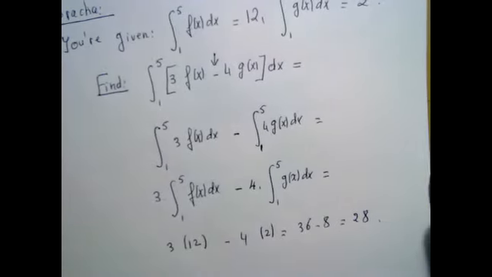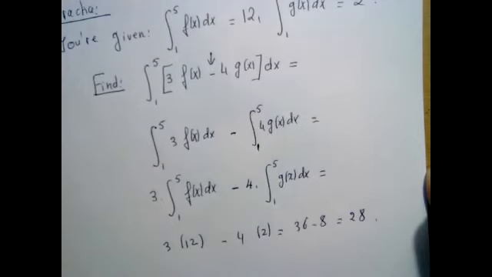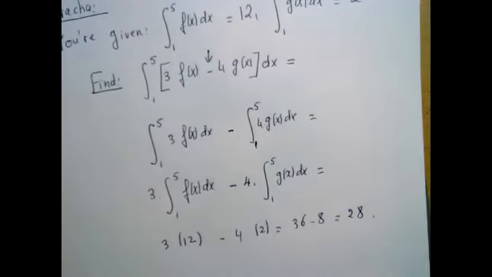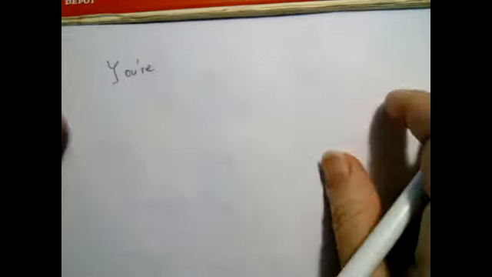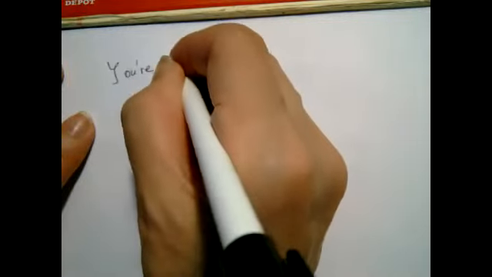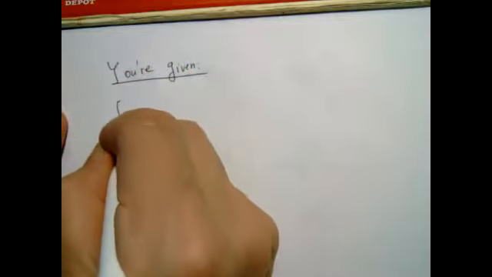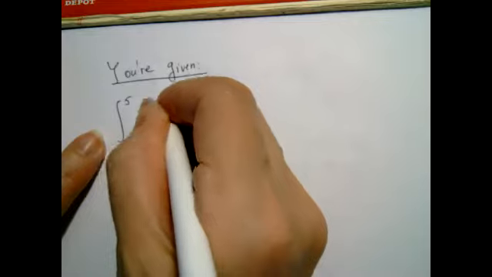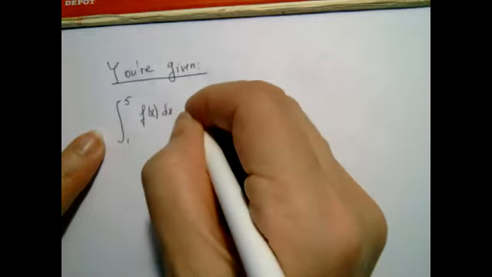Problem number 2. This one I want you to give me the answer. And number 2, we have the following. Suppose I give you, given the following, the integral from 1 to 5 of f of x dx equal to 12.